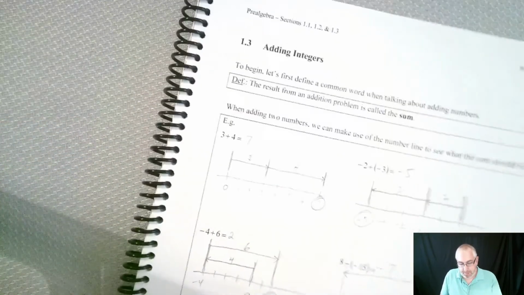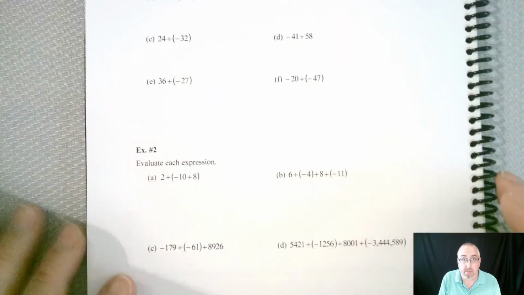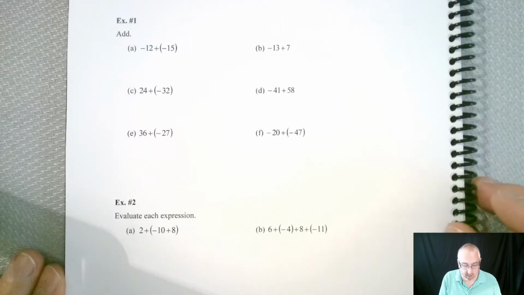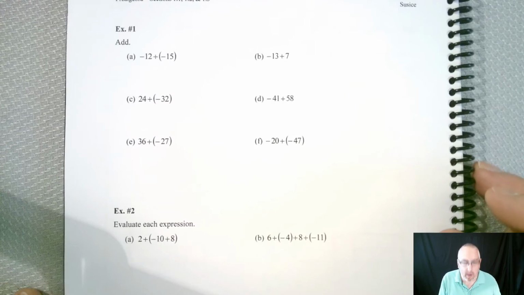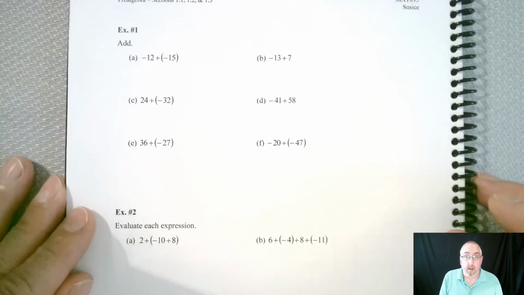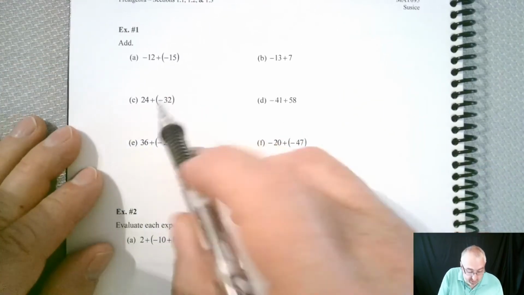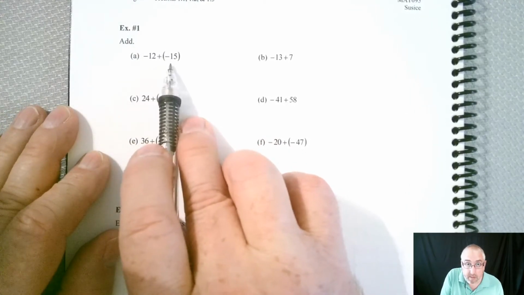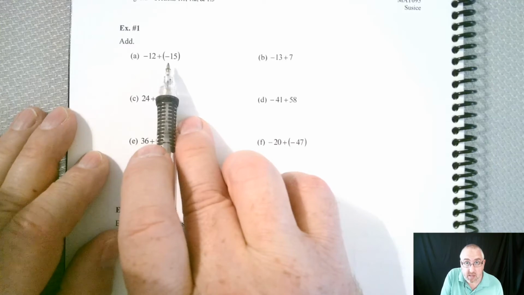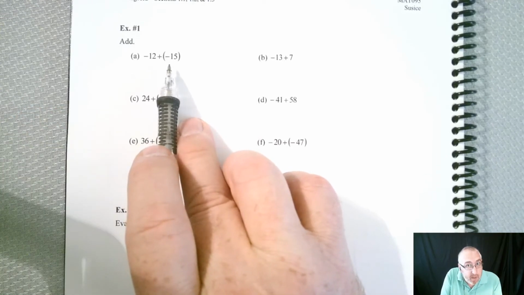So let's do the first example problems, and then we're going to stop the video and jump into another one. We don't want these videos to get too long, right? So now let's try the first one. We have -12 plus -15. The first thing we have to ask ourselves is, are we really adding them or are we really subtracting them?